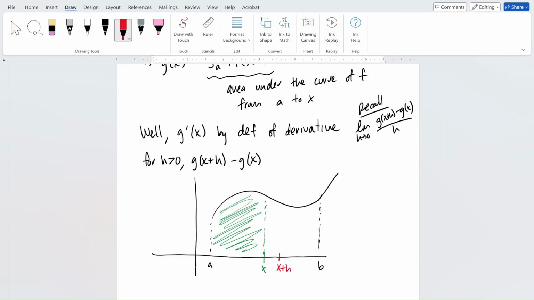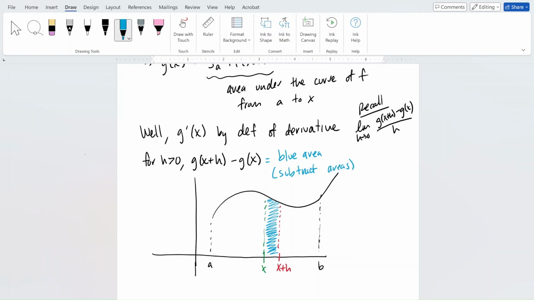So g of x plus h is the area from a all the way to x plus h under the curve. When I subtract the two, the red and the green, I get just the area in between, which is this part in blue. So this would be equal to the blue area, and that's just me subtracting the areas.